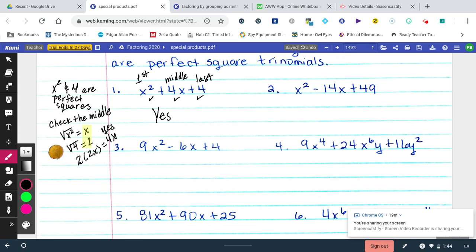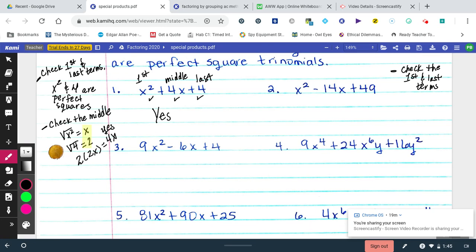All right, if you look at number 2, you're going to check the first and last terms. Check the first and last terms.